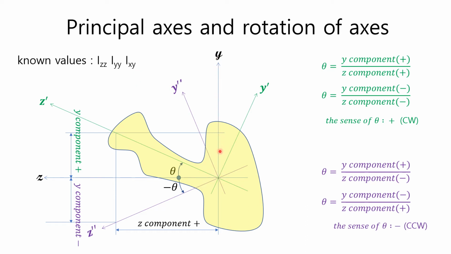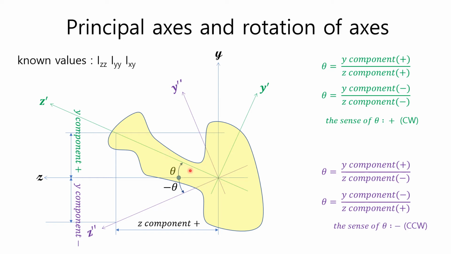If we can express the second and the product moments of area about the zy prime axis in terms of those about the zy axis, which are already known to us, we can easily calculate those about the zy prime axis.